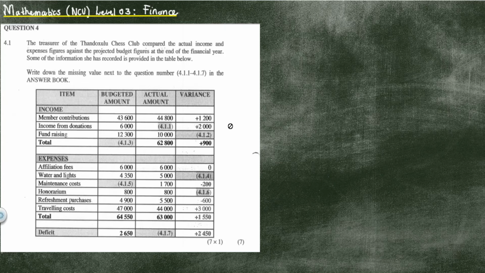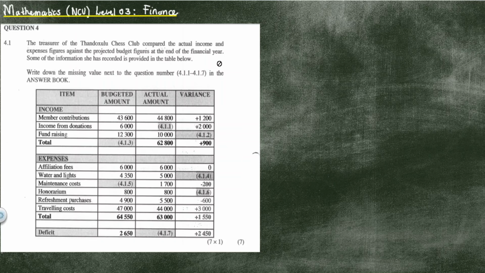All right, so here we are given a situation for 4.1. We are told that the treasurer of the Tandu Pulu Chess Club compared the actual income and the expenses figures against the projected budget figures at the end of the financial year.